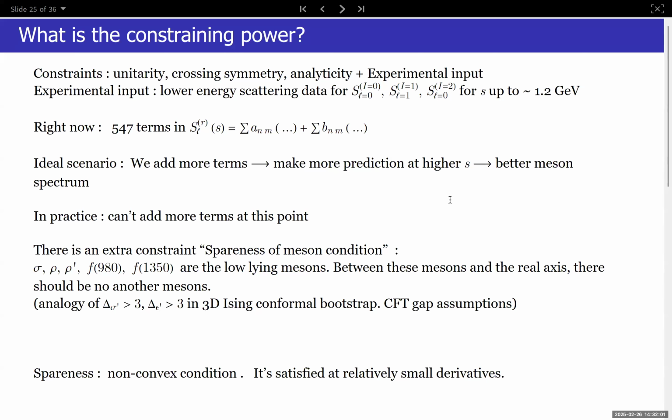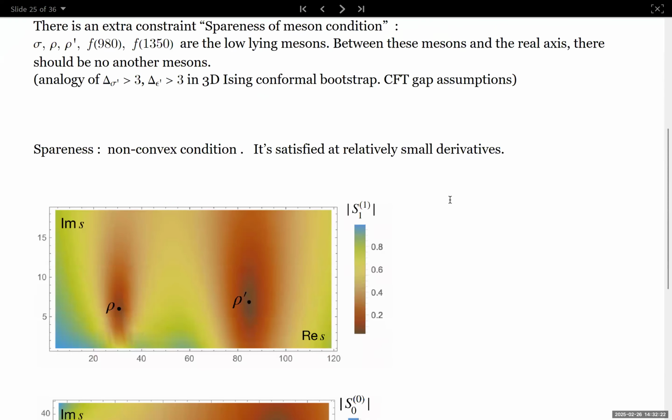In principle, those higher order terms should carry smaller coefficients, but in the semi-definite program, after we run the optimization, the coefficients might get very big. It tries to fine-tune those high order terms in order to overfit the low energy data. In that way, what we observe is that it will violate the sparseness condition. It will generate some fake mesons close to the bound.